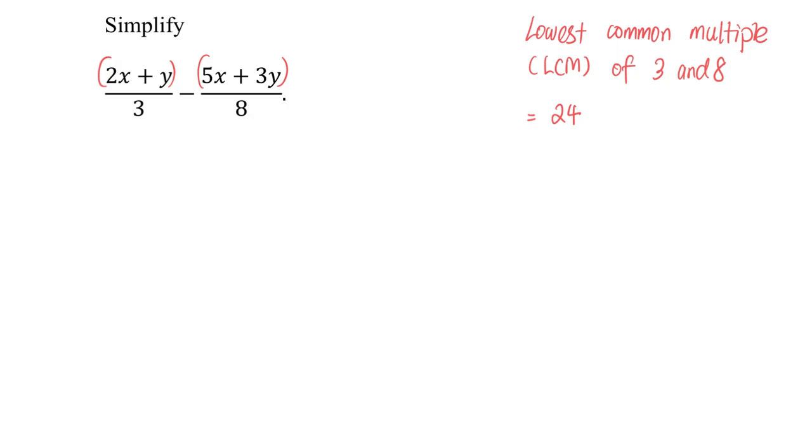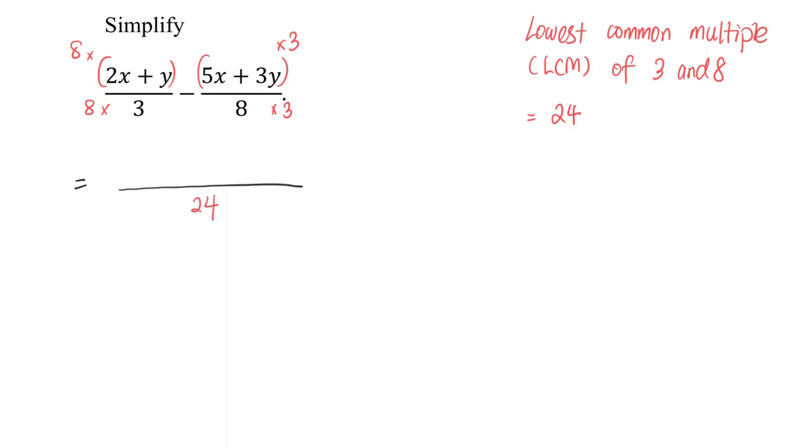So this means that I am going to multiply by 3 multiplied by 3 here, and I'm going to multiply by 8 multiplied by 8 here, such that this whole expression will be over the same denominator, in this case 24.